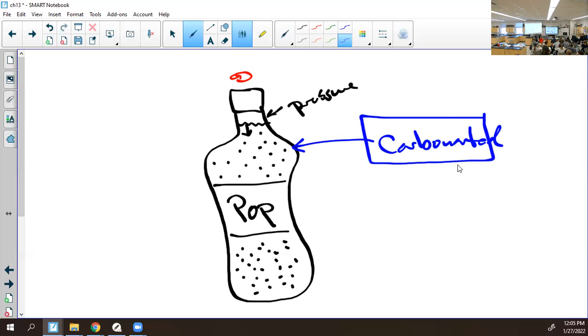Carbonate. What is this? Water. It's carbonic acid. And we've learned before that carbonic acid is not stable. It decomposes into what? H2O and CO2.